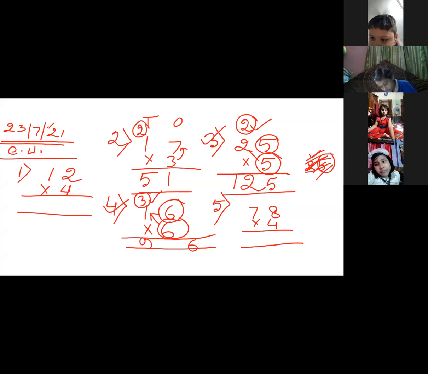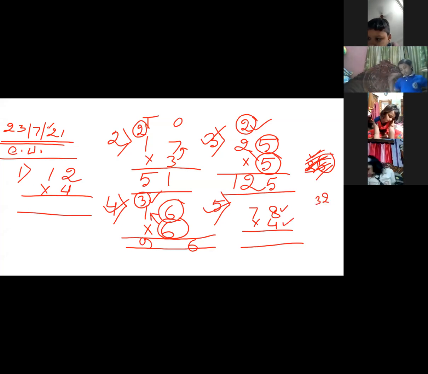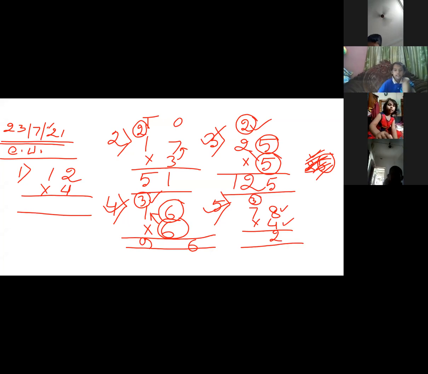Now this one, the fifth one. Look, it is 8, it is 4, right? 4 8s are 32. We have to take this 2 over there and 3 carry forward. Now look at this. Let me do it. 4 7s are 28 plus this 3.